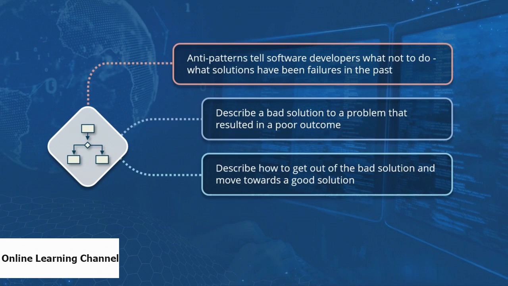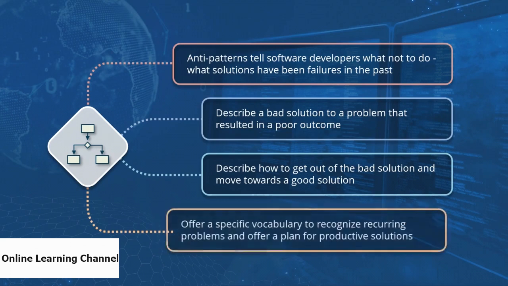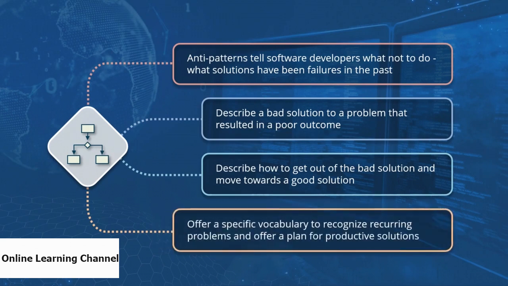If you have a catchy vocabulary and a pithy way to describe a problem, it's likely that you'll remember such a problem exists and be able to identify it in your code. Anti patterns offer a specific vocabulary to recognize recurring problems and offer a plan for productive solutions. Anti patterns are not just limited to software design and programming, though that's what we'll focus on in this video. Anti patterns apply to organizational behavior, project management, anything in the real world.